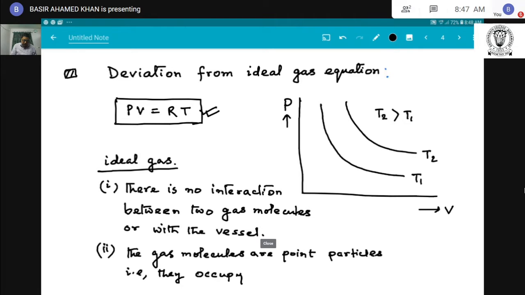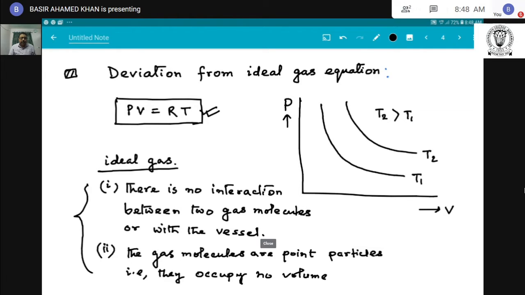These are the assumptions, and under this condition the gas is called ideal gas. There is no interaction between two gas molecules or with the vessel, and the gas molecules are point particles, that is they occupy no volume.